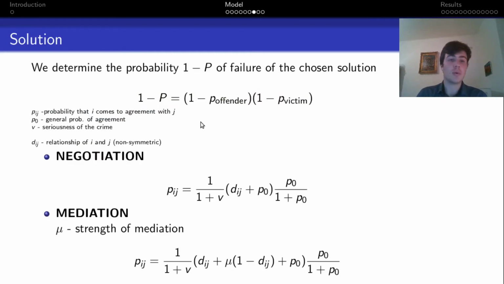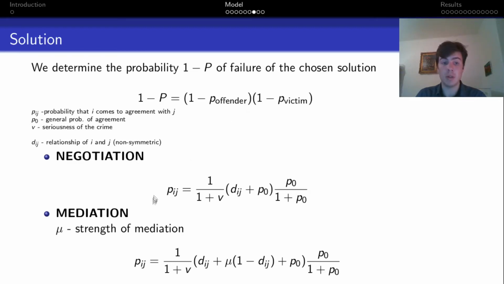Now let's see this process in more detail. After the solution is chosen, we determine the probability of success or failure of the solution. We assume that arbitration cannot fail simply because the verdict solves the conflict. But negotiation and mediation can fail, and the probability of failure is based on the probability that the victim agrees on the offer of the offender or vice versa.